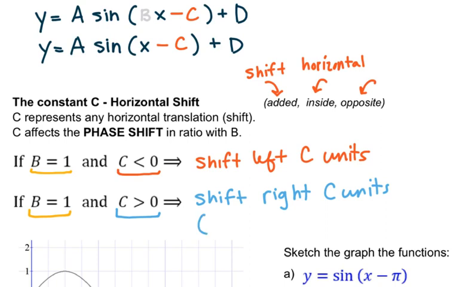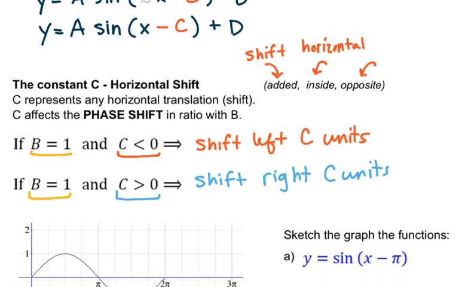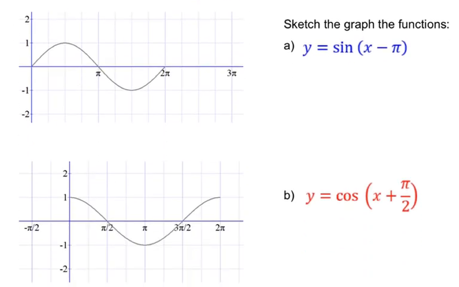So greater than 0, that's like saying x minus some positive c value. So it looks the opposite in the problem of what it actually is. I think that'll be easier for us to see after we look at these examples.